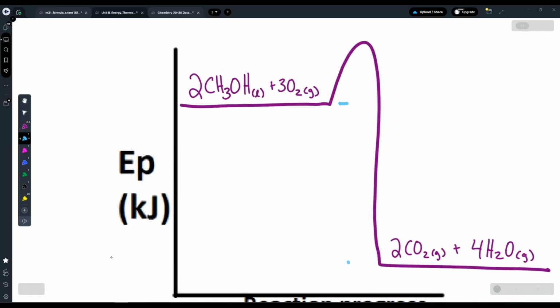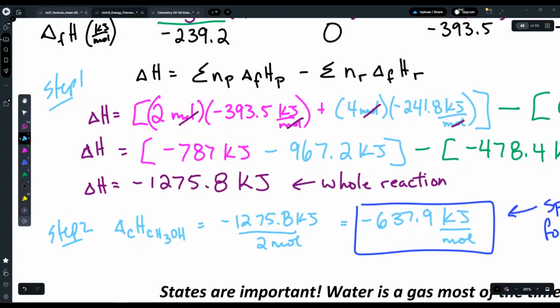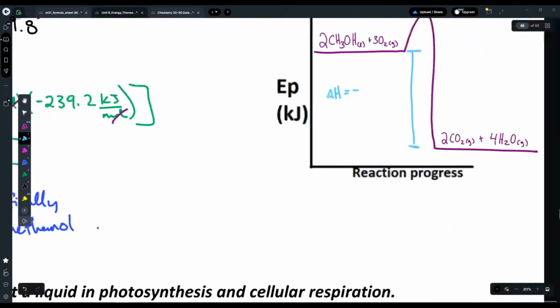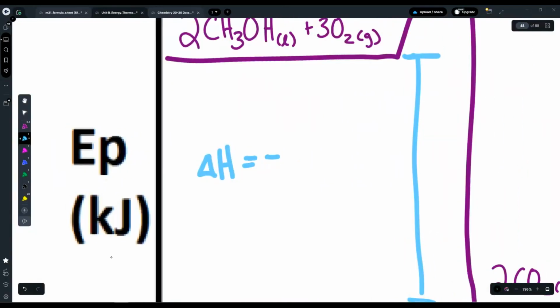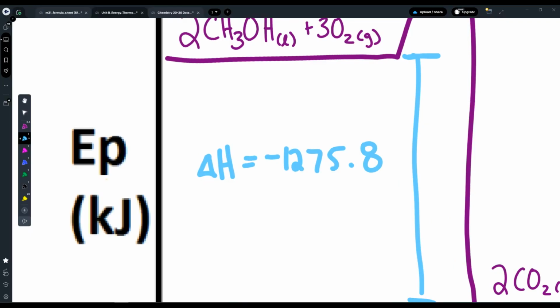And I'm going to write in my change in enthalpy. So change in enthalpy is going to be negative 1275.8. I'll have to write kilojoules underneath it.